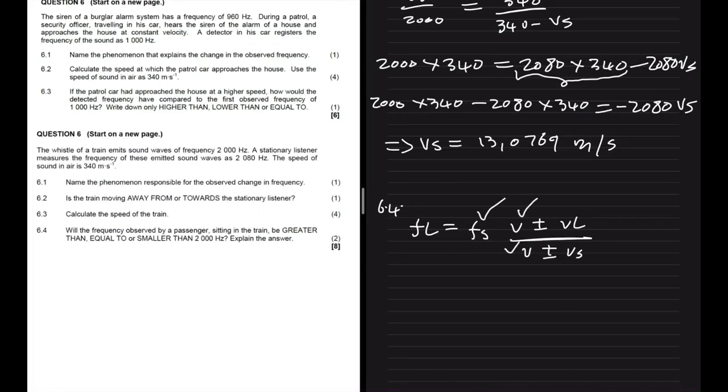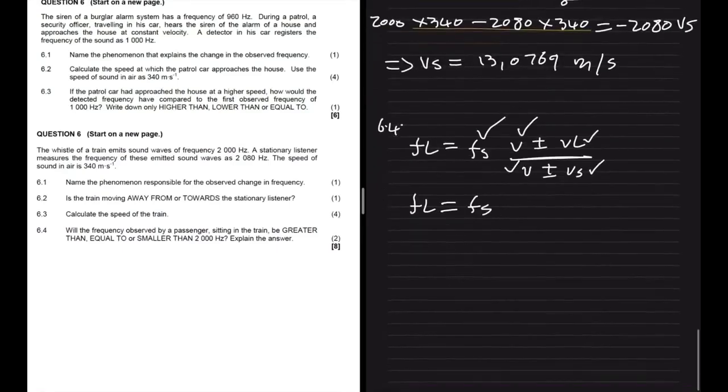Now, because we're talking about the passenger in the train, V passenger is the same as Vs. So basically what we have on the numerator is equal to what we have on the denominator. So this is just going to cancel out, right? And then we're just left with FL equals Fs. So the answer here would be equal to.